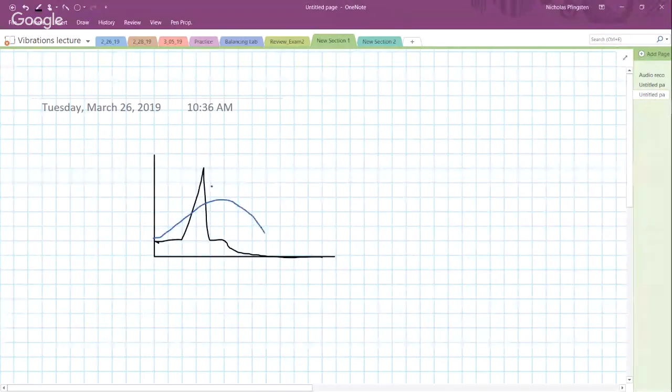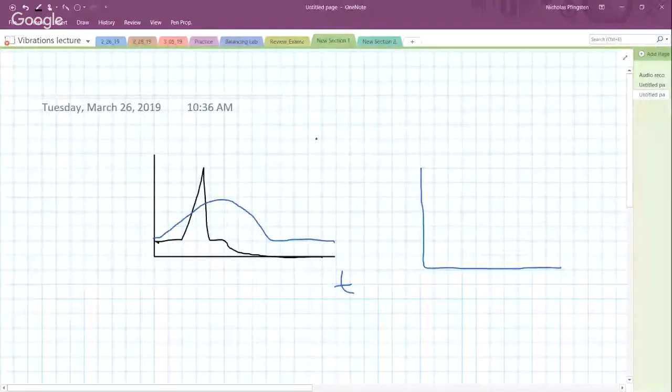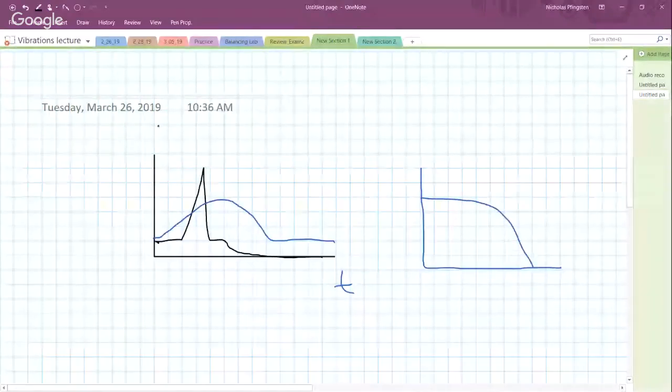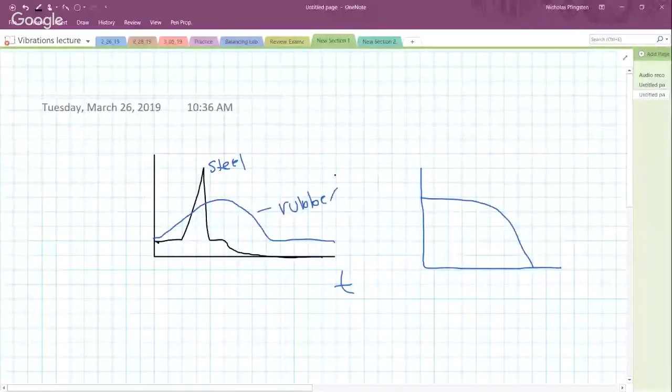It's actually going to excite a fairly broad range of frequencies, evenly, all right? And then fall off. The rubber tip, that's steel. The rubber tip is going to do the same thing, but not over a broad range.